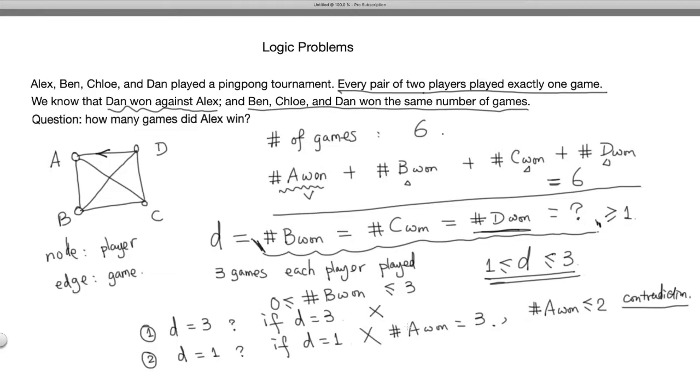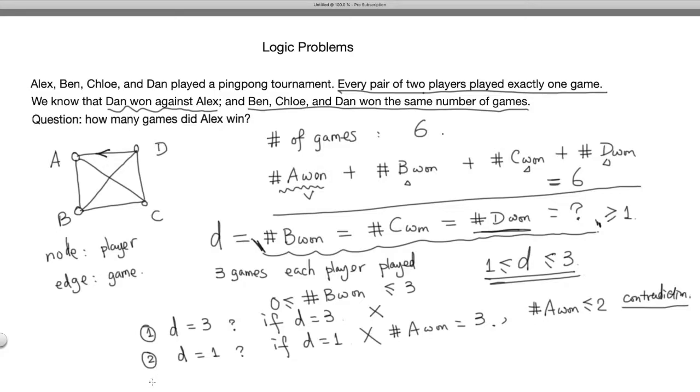So this is also impossible, right? Is it clear? If we assume the number of games D1 is 1, that means this is also 1, this is also 1. That means the number of games A1 is equal to 3 because they add up to 6. But A1 cannot be 3, because then it wins everyone, including Dan, and we know from the problem that Dan won against Alex.